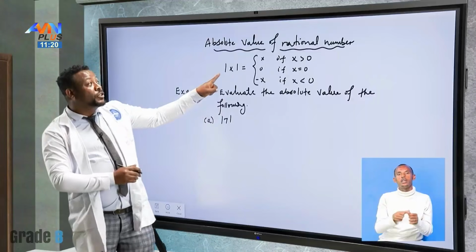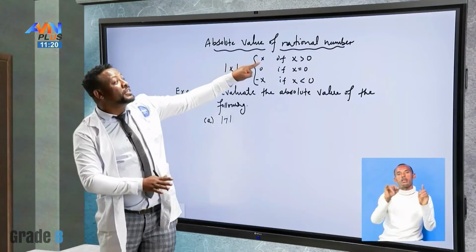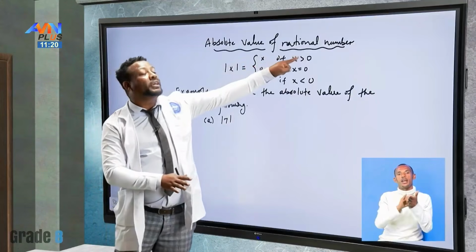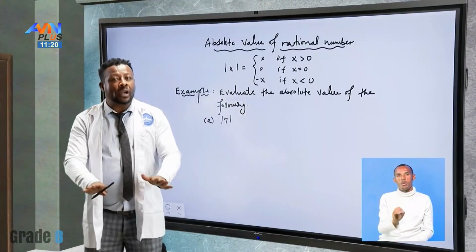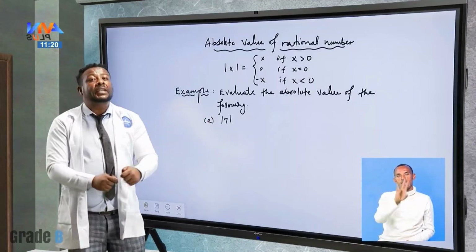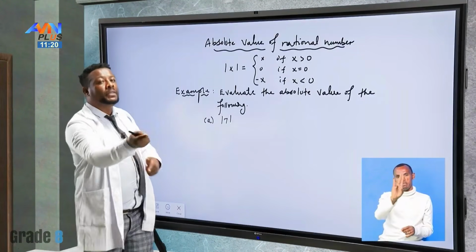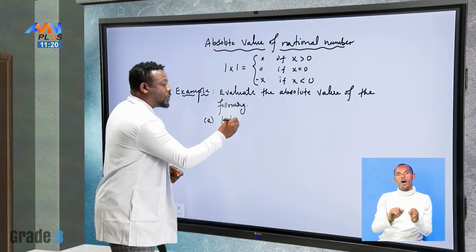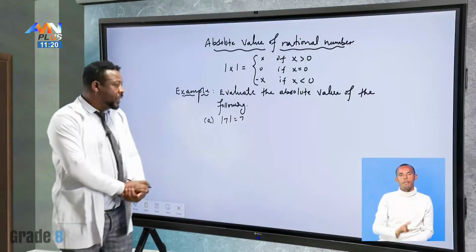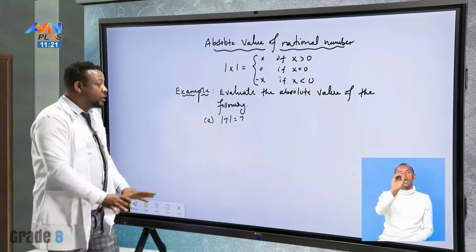Remember, the definition of the absolute value of any number is the number itself if that number is greater than 0, or if that number is positive, right? So, since 7 is a positive number, the absolute value of 7 is 7 itself. So, our answer will be 7. You may be asked to evaluate the absolute value of 0.